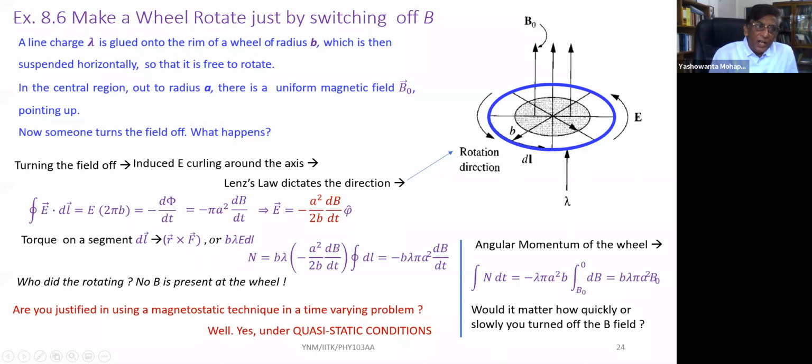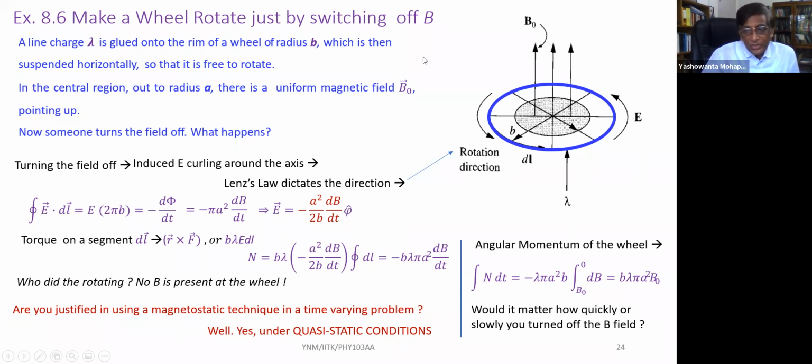Magnetostatics is valid unless you go to a very high rate of change, which will be in a wave. Much lower than that, most of the time, magnetostatics can be used. Unless you go to speeds clearly close to light, we'll see the condition under which the quasi-static approximation is valid in the next section. But under quasi-static conditions, you can actually use that.